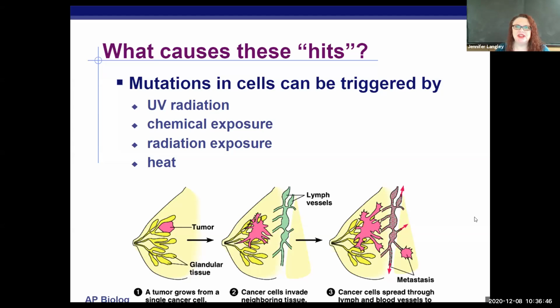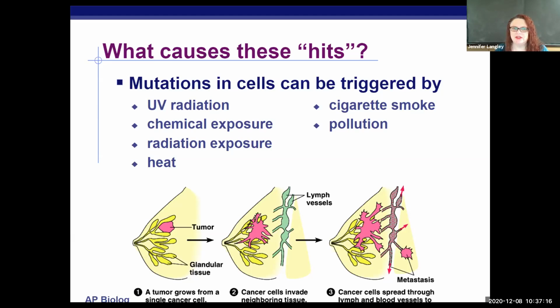Heat. From excess heat exposure, you can have damage done to the cells and to the DNA, including mutation. Cigarette smoke, I guarantee you've heard it since you were very little, that cigarette smoke causes lung cancer. It has to do with the chemicals in there that are absorbed by the cells in the lining of the lung that causes mutation in the DNA.